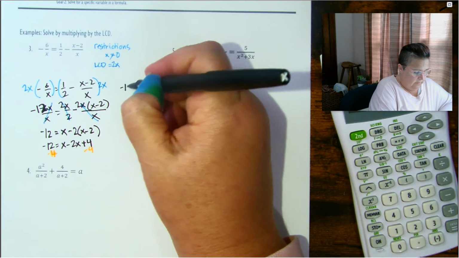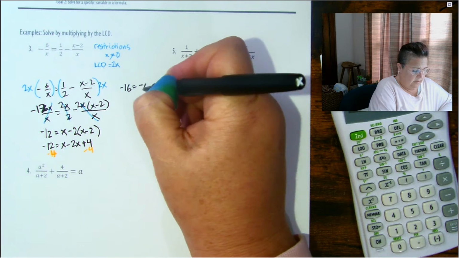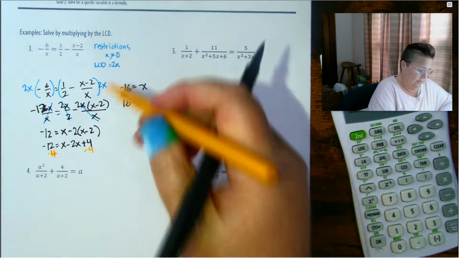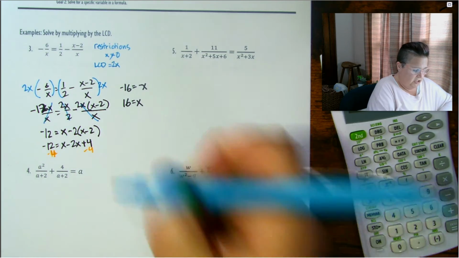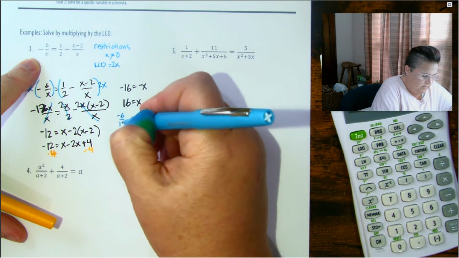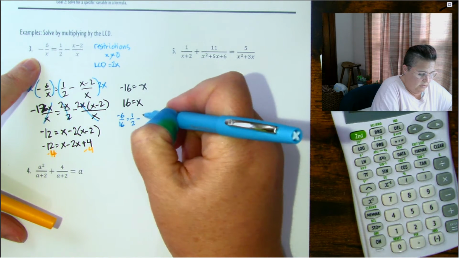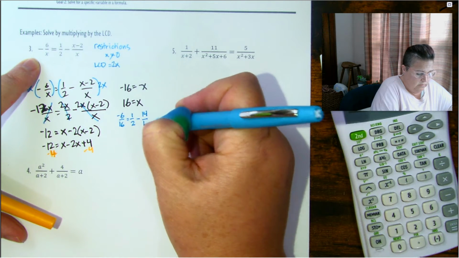So I get negative 16 is x minus 2x, which is negative x. 16 is my x. Now I want to check it. Okay, so if I'm going to check this, I'm going to have negative 6 over 16 is equal to 1/2 minus 14. That's 16 minus 2 over 16.